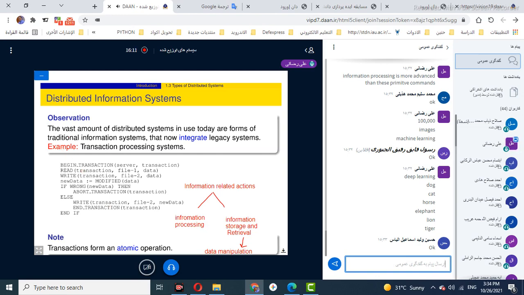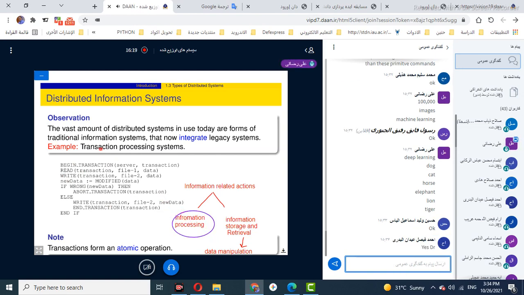Currently, we don't talk about information processing. In these slides, we focus on information storage and retrieval, and the distributed systems which are used for this task.